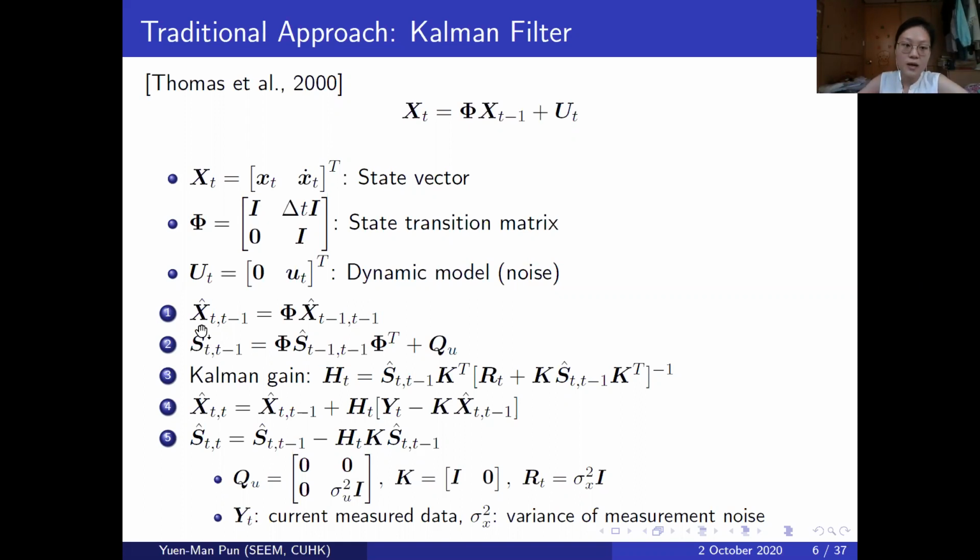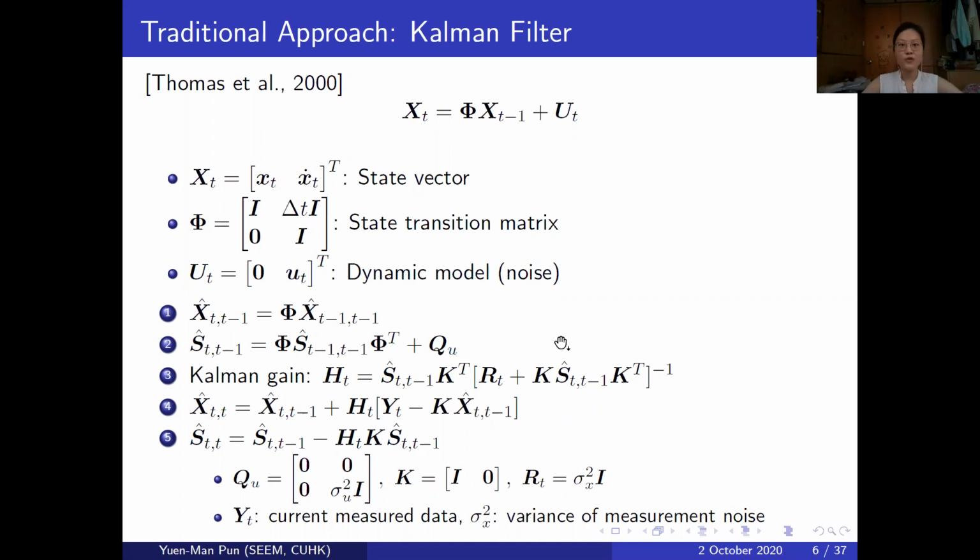So we keep updating the estimate of the location and the velocity, also the covariance, so that using the Kalman gain, we can minimize the residual error. This is a traditional approach that has been studied in a lot of literature on tracking problems.